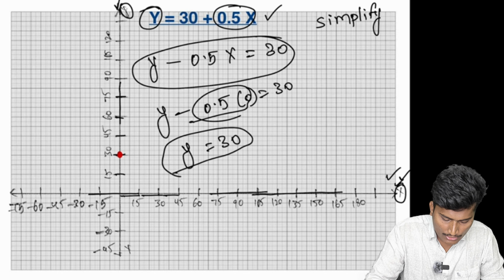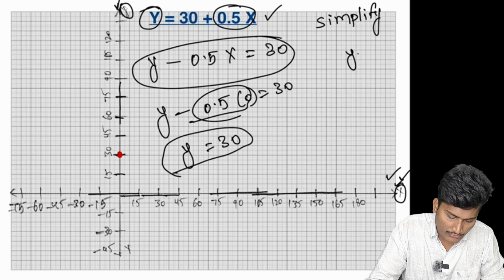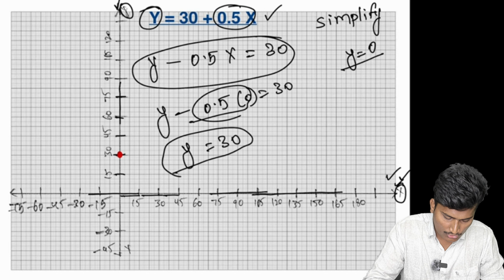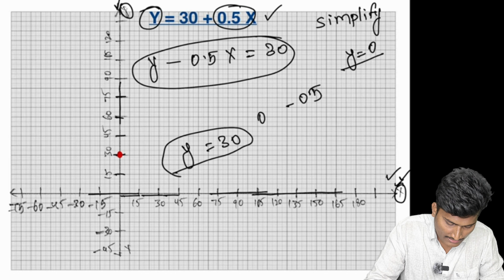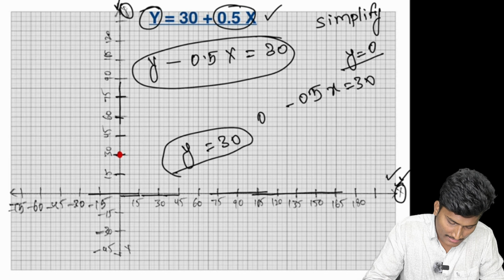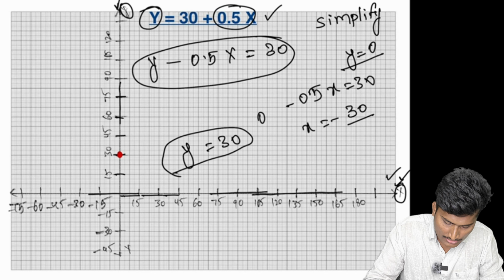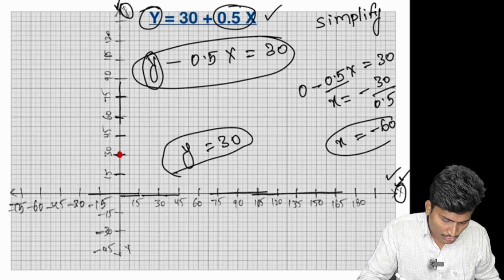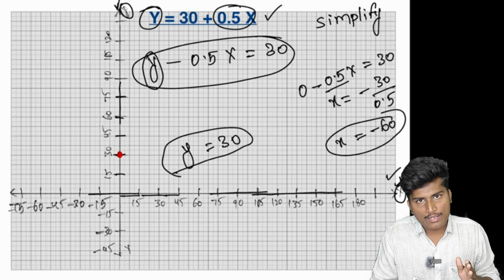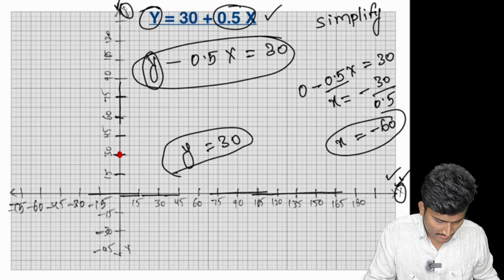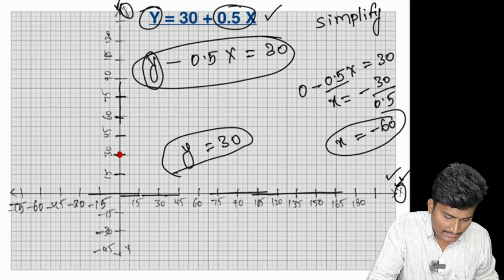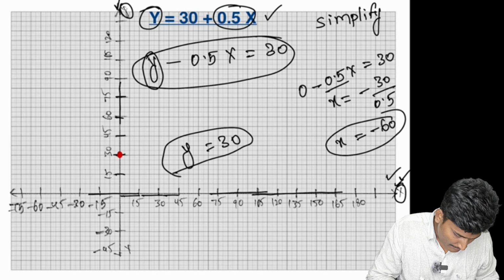So if we substitute 0, then 0 minus 0.5x is equal to 30. X is equal to minus 30 divided by 0.5. X is equal to minus 60. So the graph line is going to intercept the y-axis at 30 and the x-axis at minus 60.